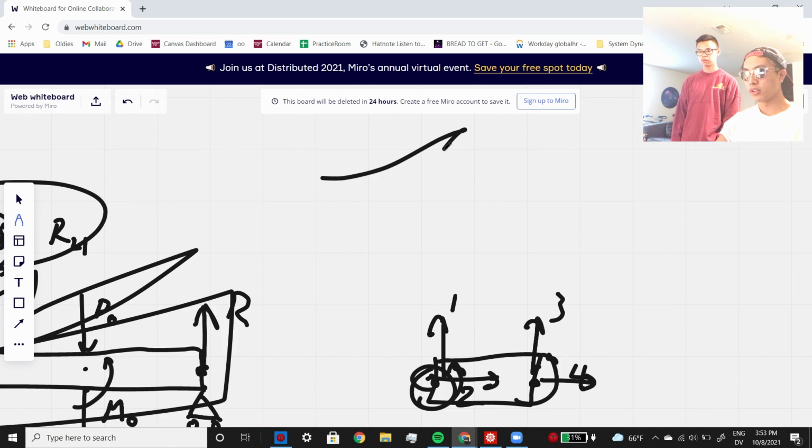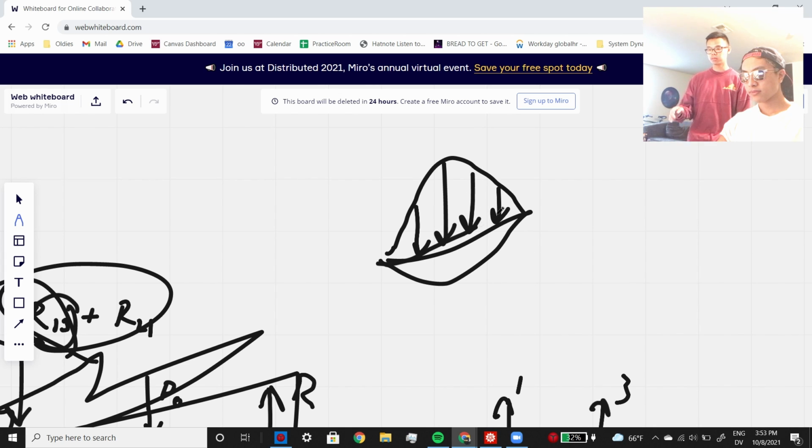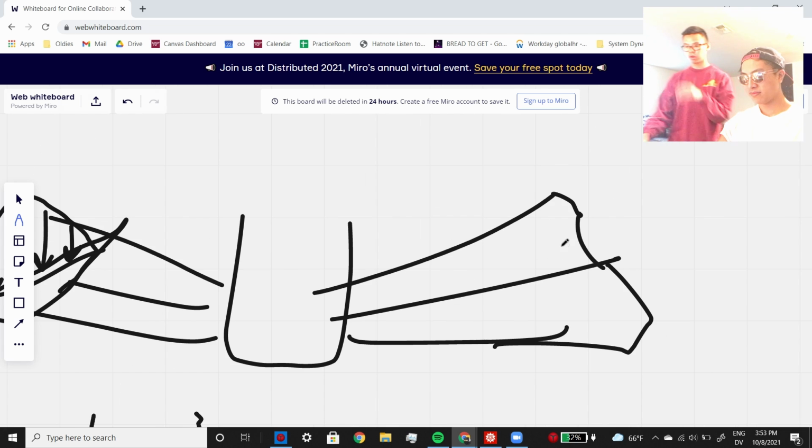Your foil looks like this. And as you go along, each element will produce a different amount of downforce because there's a different amount of pressure gradient, right? Is that how it works? But I was talking about in terms of if you're looking down towards the front wing. So each element makes a certain amount of downforce, right?